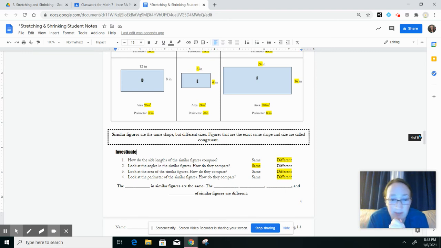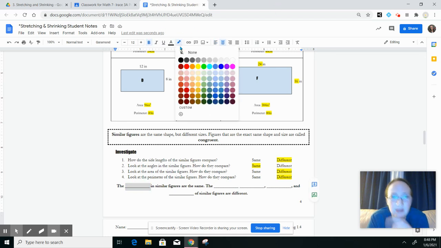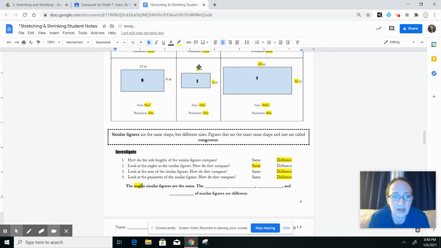Okay, and I'm just going to fill in this last tiny bit, and that is it for our notes today. The angles in similar figures are the same. And this is just summarizing what we just did in questions 1, 2, 3, and 4.